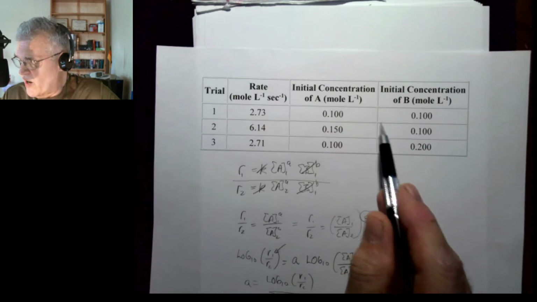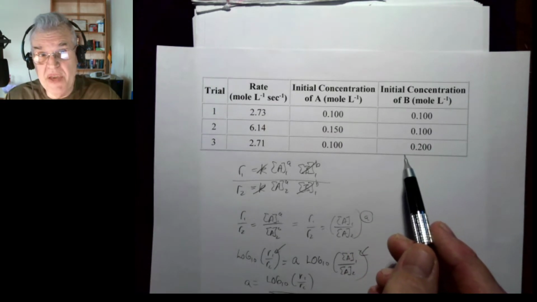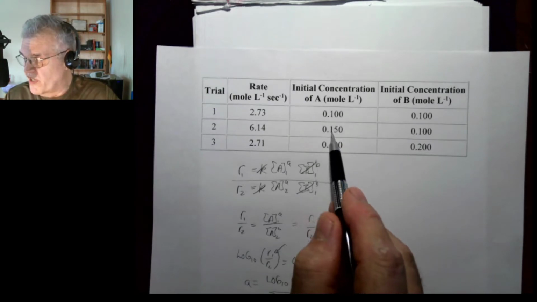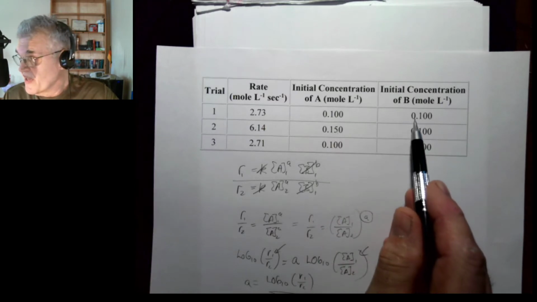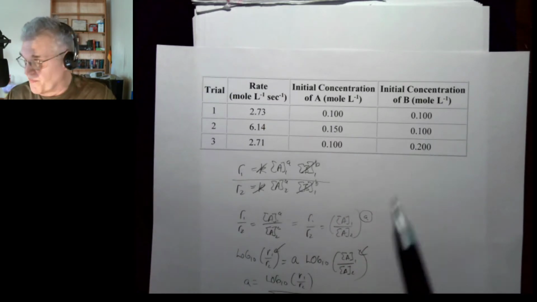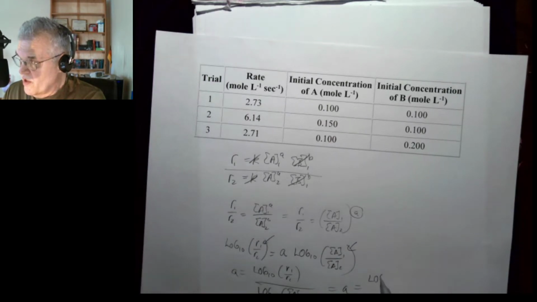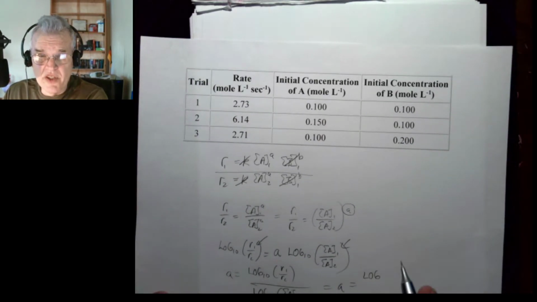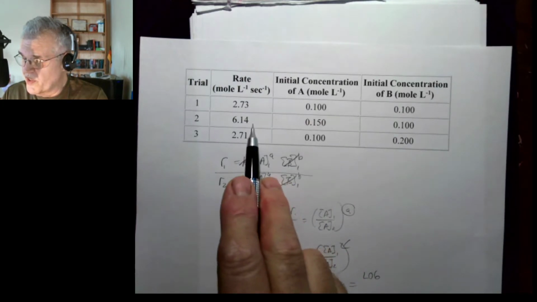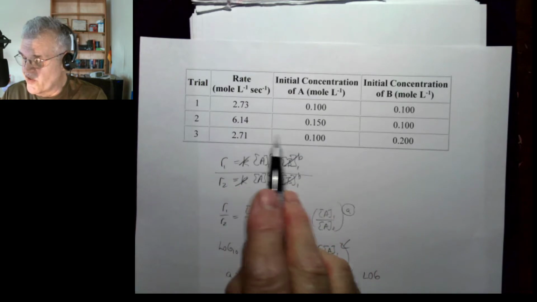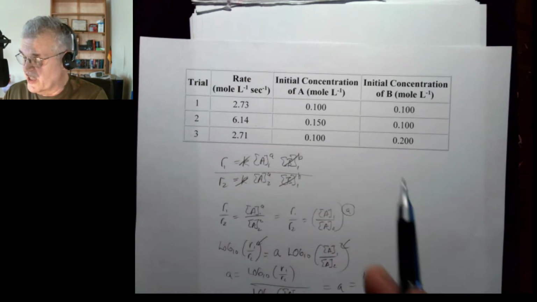So what two trials does the concentration of A change, but the concentration of B does not? Trials 1 and 2. Concentration of A went from 0.1 to 0.15. Concentration of B stays the same. So then, using our little formula here, A must be equal to log, and I always do fast over slow. You have to keep the concentrations with the rates. So if I'm going fast over slow, my fastest is the 6.14.